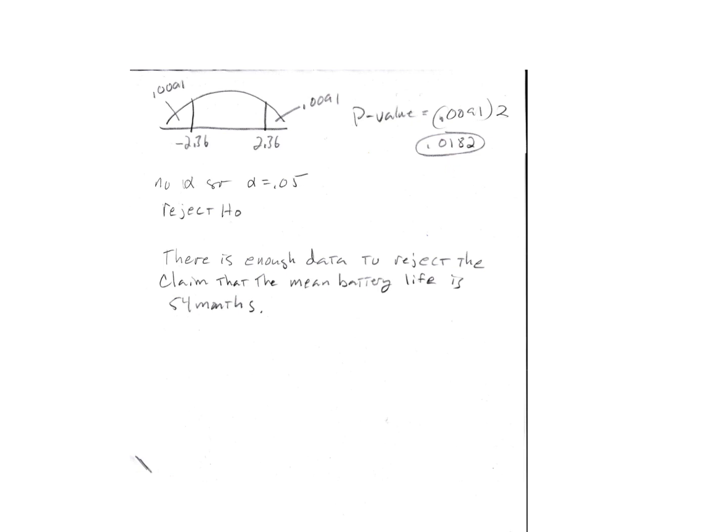Now, in this problem, they didn't tell us the level of significance, and maybe somebody could argue that somebody's going to lose a lot of money if they buy these batteries. I'm going to say maybe not, so I'm going to use a level of significance of 0.05. Since that's the cutoff, and our p-value is less than that, we're going to reject H0. That means it's a small enough chance of being wrong if we reject H0 to be acceptable. So then what we do, how did I write this concluding statement?